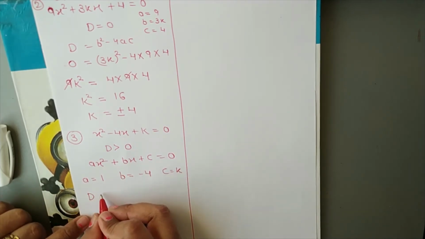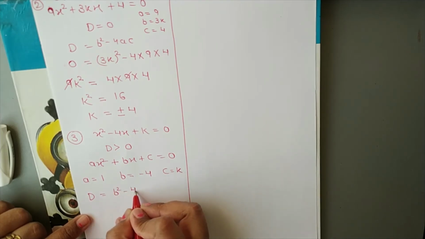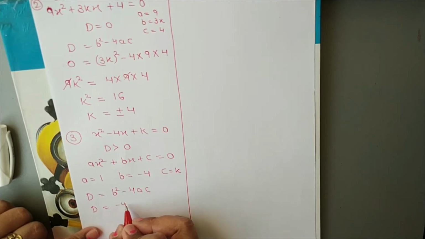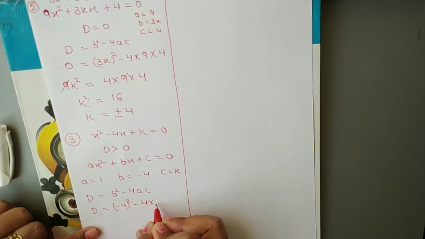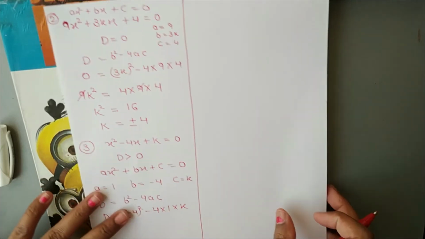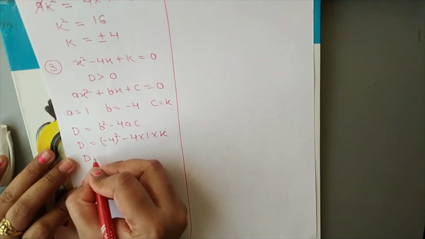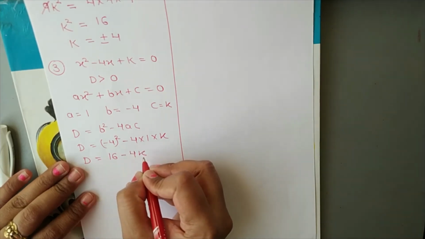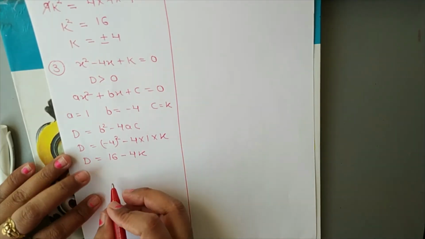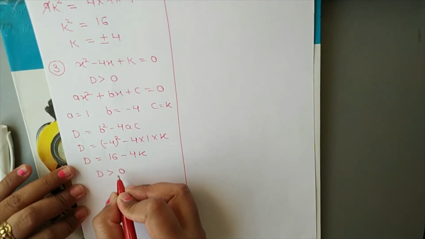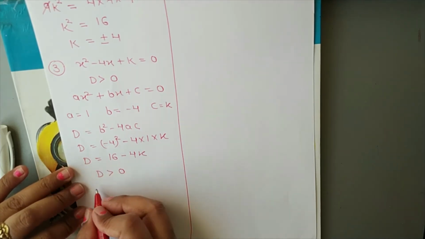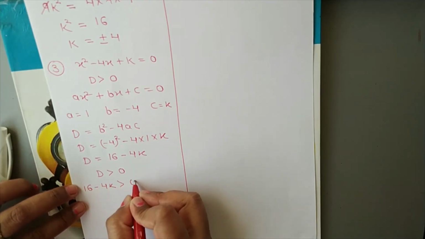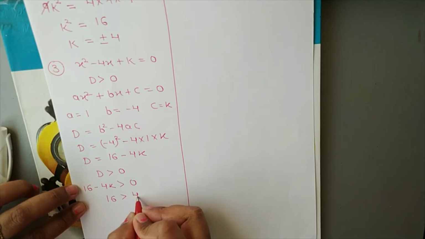So find d is equal to b square minus 4ac. So d is equal to minus 4 square minus 4 into 1 into k, that is 16 minus 4k. We know that d is greater than 0 for distinct real roots. So we have to place this value. 16 minus 4k is greater than 0. So 16 is greater than 4k.